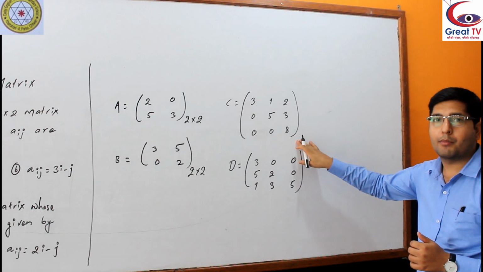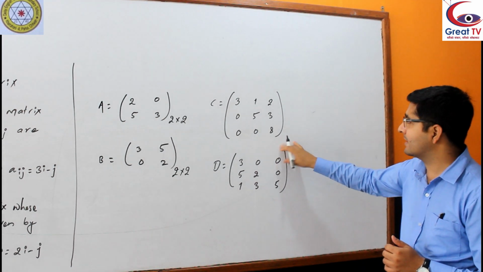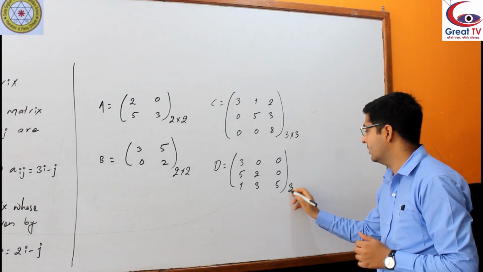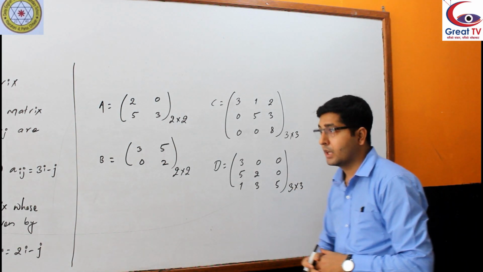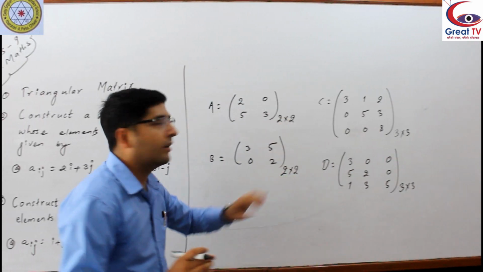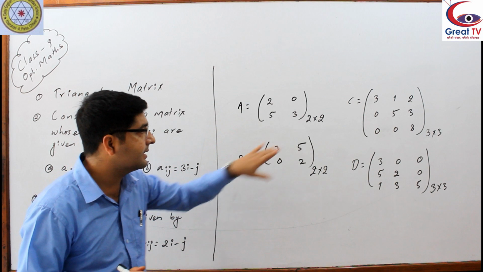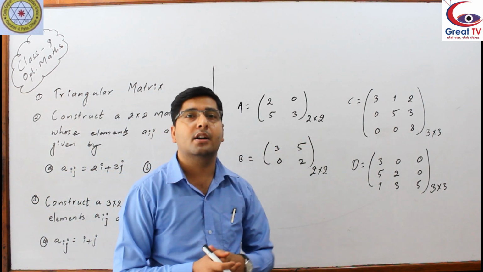The order of matrix C is 3 by 3, and the order of this matrix is also 3 by 3. Now, these all are examples of triangular matrix. Matrix A, B, C, and D. These all matrices are triangular matrices.